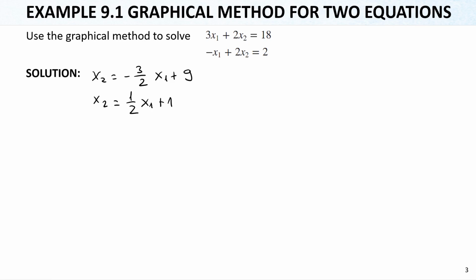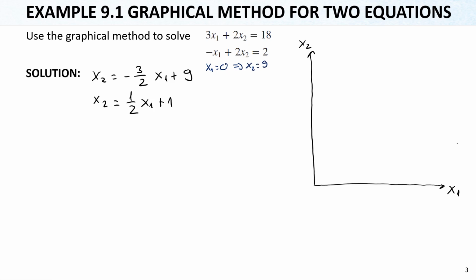If you want to solve these, basically you will just need to draw the lines for them. Let me draw a graph over here, like this. This one is x1, this one is x2. For the first one, if x1 is 0, then x2 is 9.